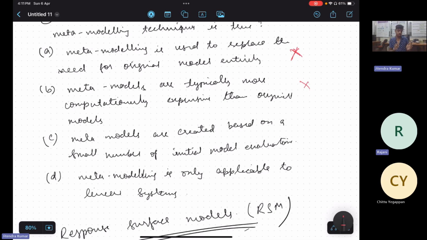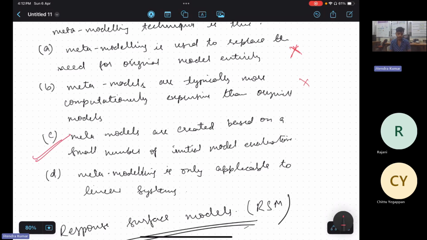If you have initially simulated your model with 4 or 5 different iterations, the more data your meta model receives, the more information it receives, and it will tend to converge more easily towards the requirement, right? So that initial data is very important for these meta models. The more data there is, the better, but some initial data is required to develop these kinds of models. So option C is correct, right?